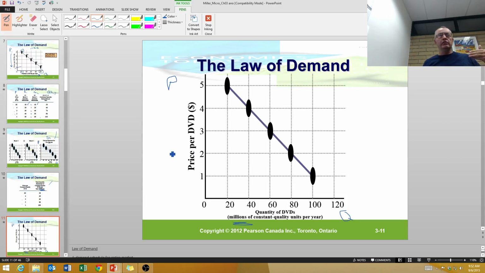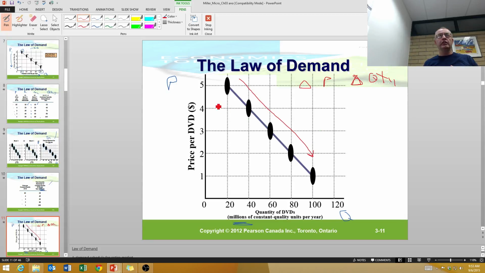So, let me go to red here. When price changes, delta P, we have a change in, that's a triangle, that's a delta, quantity demanded.